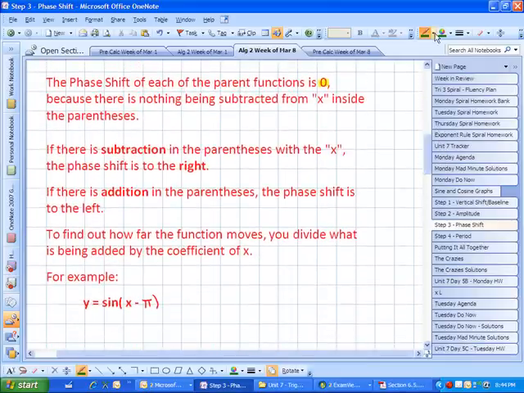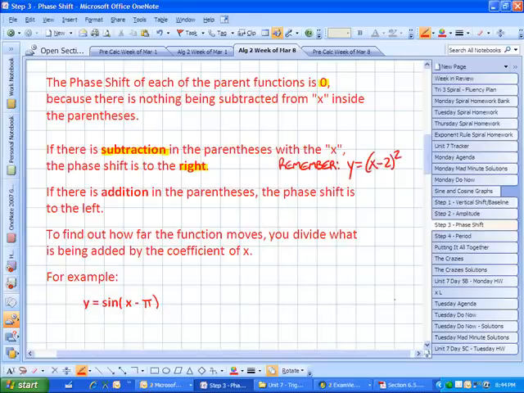However, it does happen that if something is being subtracted in the parentheses with the x, it moves right. You remember that when we had functions like this, we had y equals x minus 2 squared.